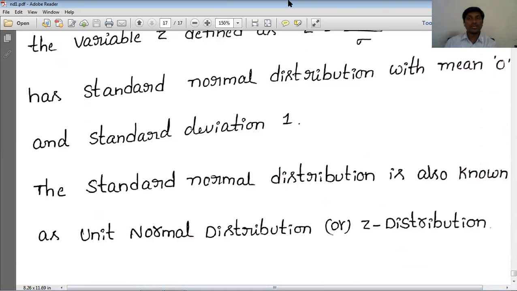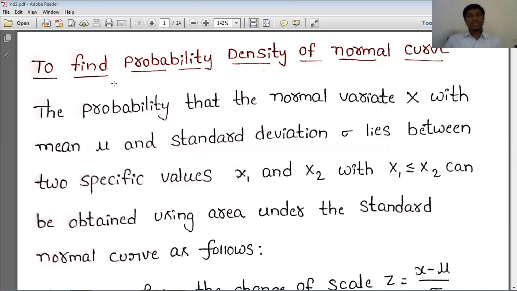Next, the probability density of the normal curve. These are the formulas we may use for calculating that, using the change of scale z is equal to x minus mu by sigma. Here is the probability that the normal variate x with mean mu and standard deviation sigma lies between two specific values x1 and x2.